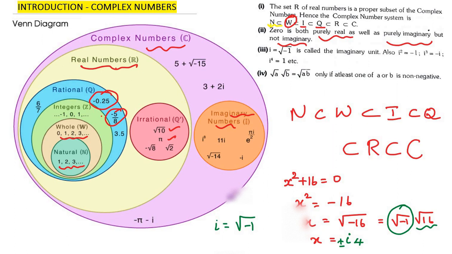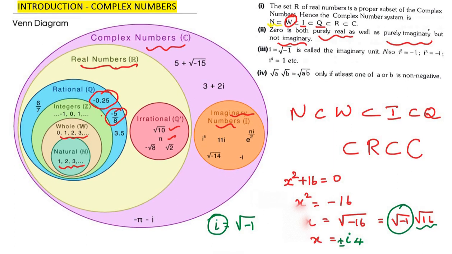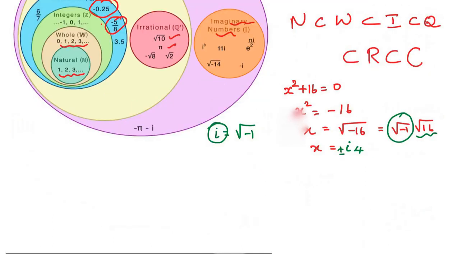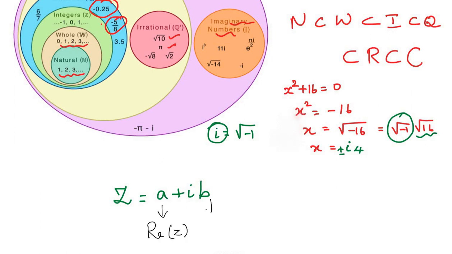The value for iota is root of minus 1. So when I say imaginary number, it is I. Any number in the complex form can be represented as z is equal to a plus ib, where we say that a is the real part of z and the number which is accompanied with this iota is called the imaginary part of z.